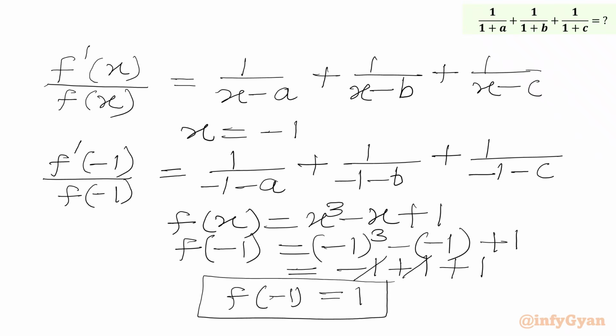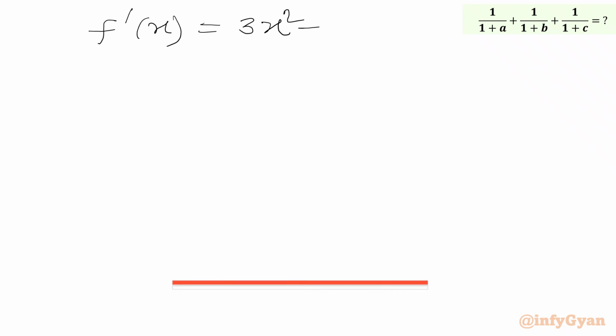Now we have to calculate f prime minus 1, which we have already calculated. F prime x was 3x square minus 1. So I will put x equal to minus 1.